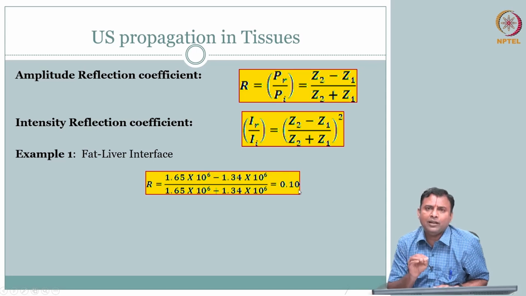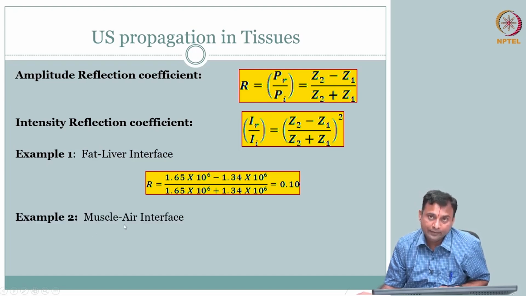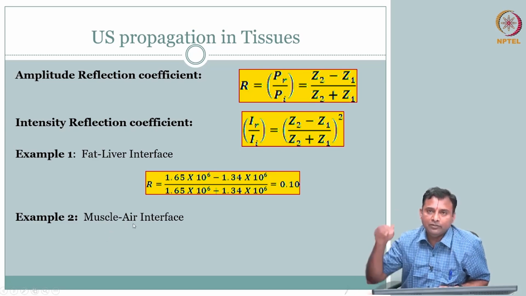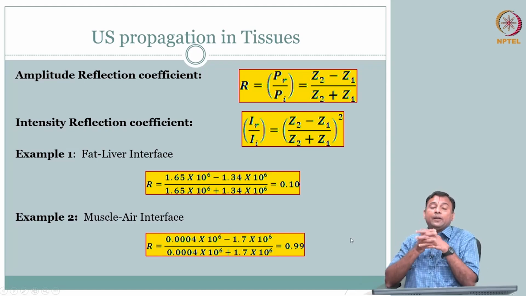Before we comment on this a little further, let us see what happens if you have two other materials, for example muscle and air. Same thing, go to the table that we had. If it is a muscle-air interface, with perpendicular incidence, you have Z2 minus Z1. When you substitute, what do you get? You get 0.99.